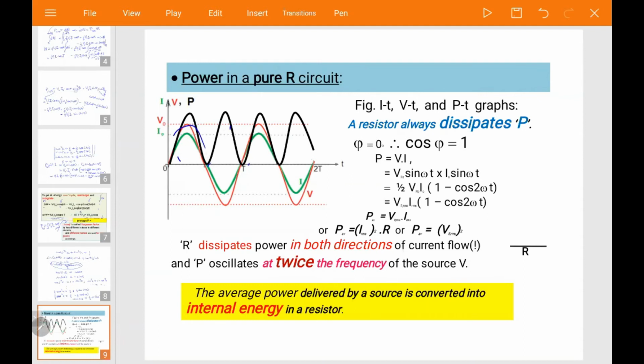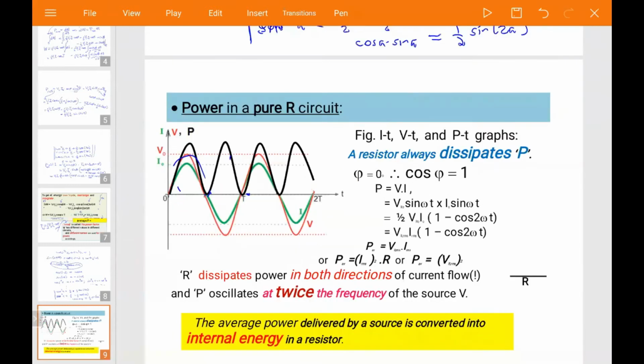This is one cycle. That means the power repeats itself twice in a pure R circuit over one cycle of current and voltage. So we say the power oscillates with twice the current frequency.